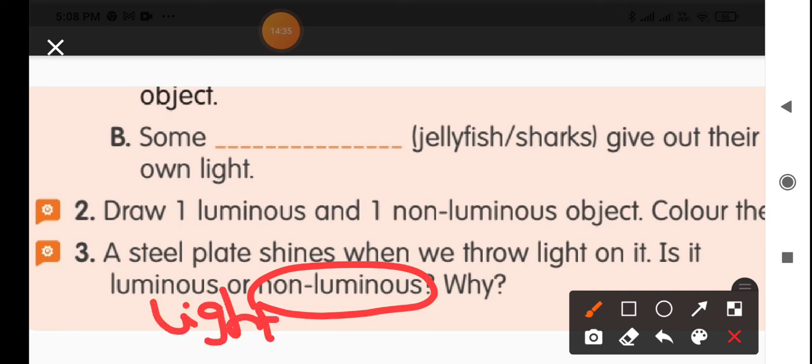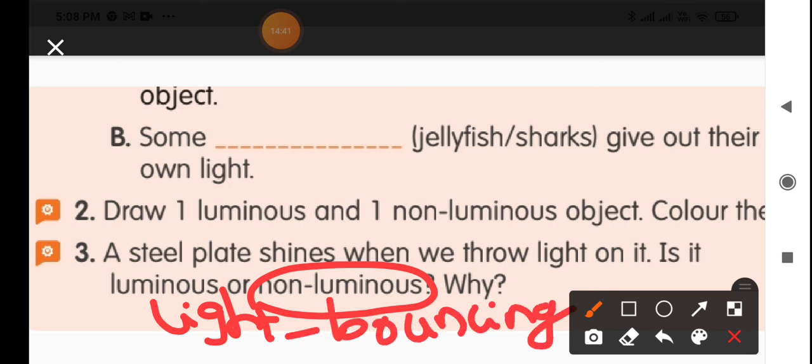When we throw light on the steel plate, some light rays bounce back. Because of this the steel plate shines, but not by its own light. It doesn't have its own light. That's why the steel plate comes under non-luminous objects.